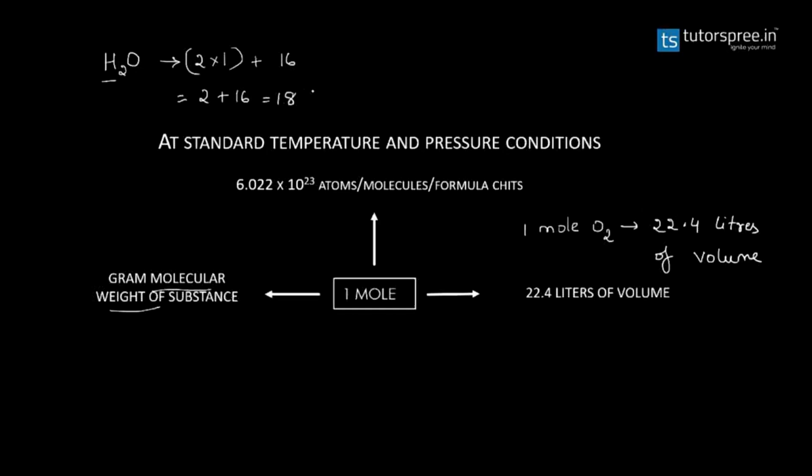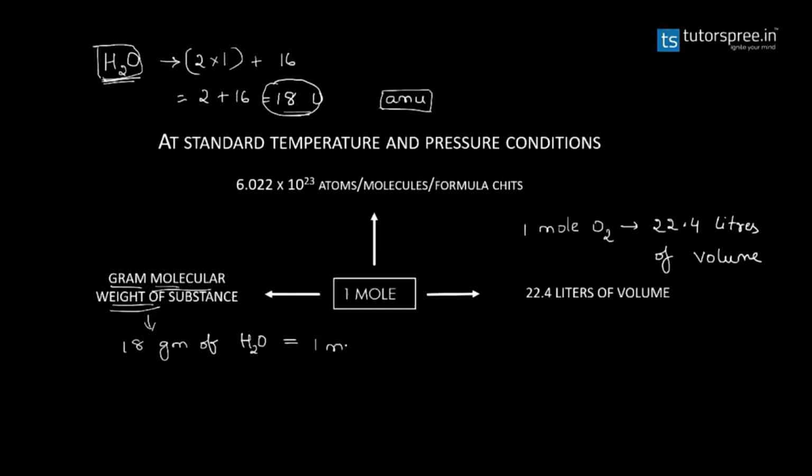What is the unit? Atomic mass units. This is the molecular weight of the water molecule, and we are taking this molecular weight in grams. That is why we call it the gram molecular weight of the substance, which is 18 grams of water, and 18 grams of water is equal to 1 mole.